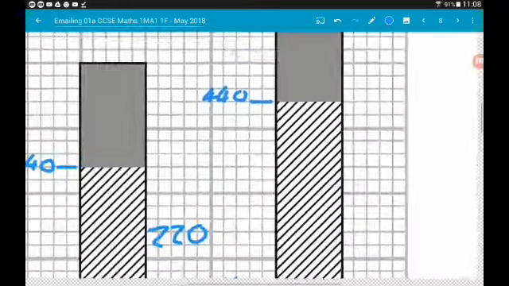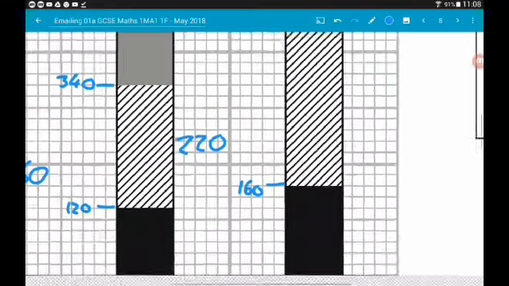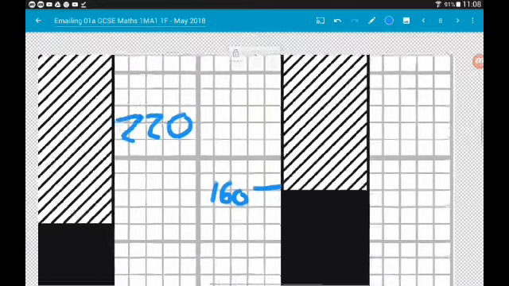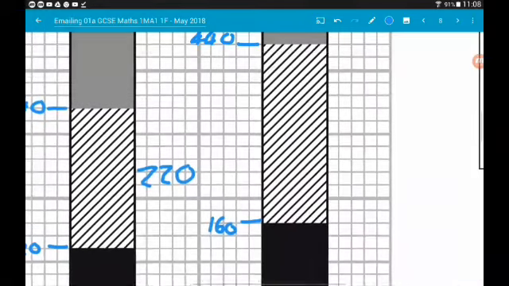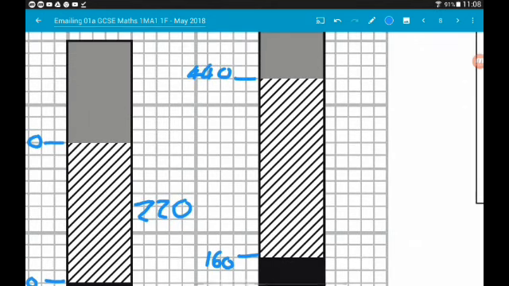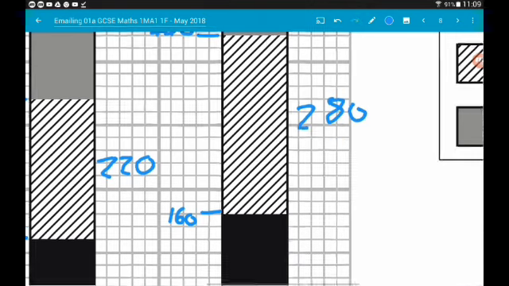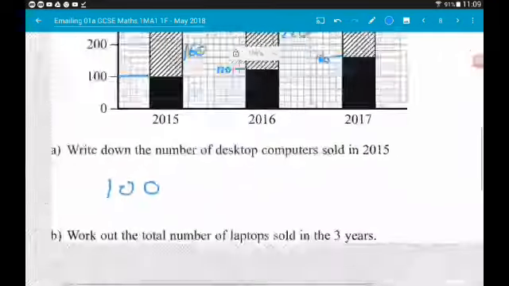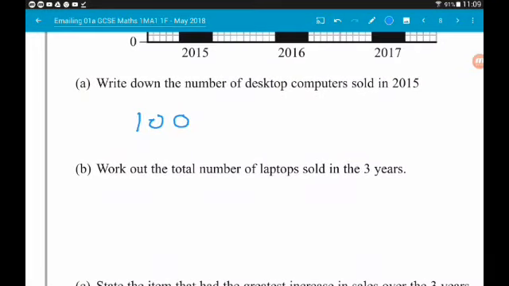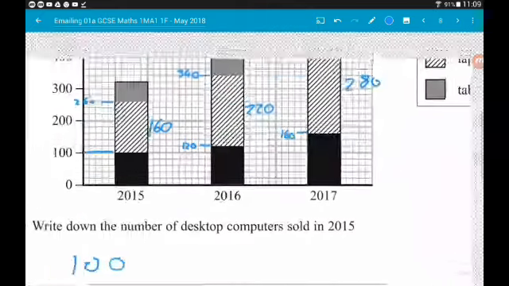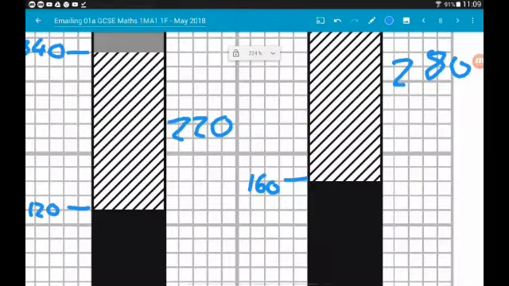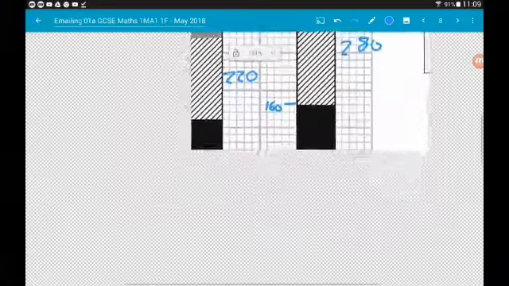So the number sold in 2017 is 440 minus 160, which is 280. So our total laptops sold is 160 and 220 and 280.